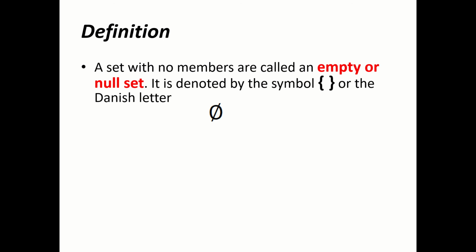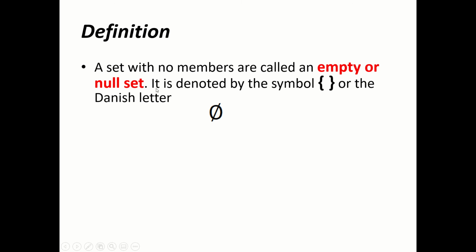So how do we define empty or null set? It's the set with no members or no elements. It is denoted by this symbol. Just like roster notation, we use the braces. But usually in roster notation, we list down the elements, right? Since there are no elements here, no members, you just leave it blank, just like this.